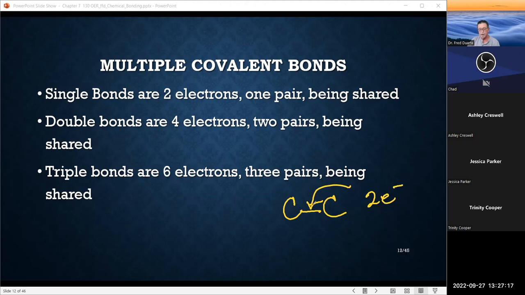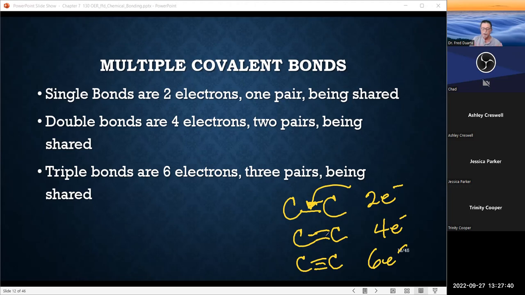So this is a single bond. Okay. Now, there are double bonds within carbon atoms, and there are 4 electrons that are being shared. So this is a double bond, hence I draw 2 lines. Or I draw 3 lines between the 2 atoms, and that is a triple bond. Okay.